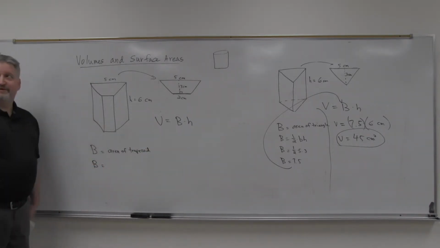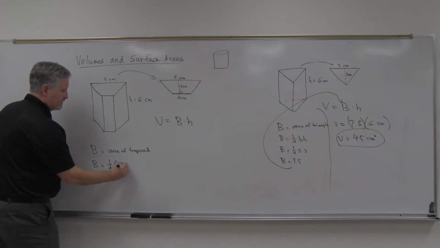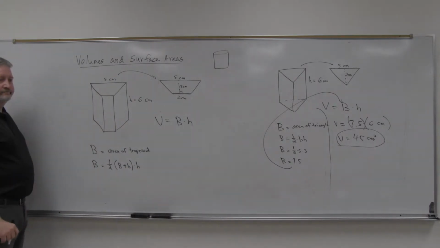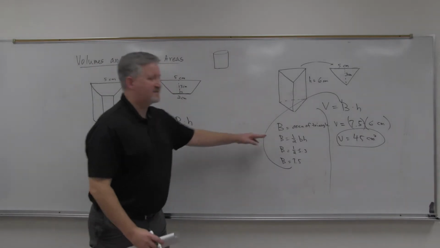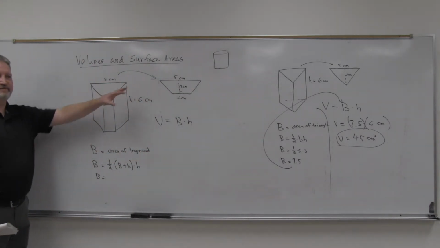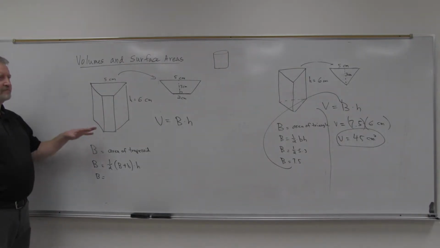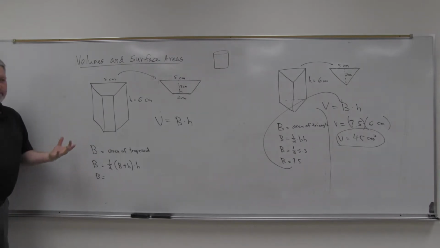The area of a trapezoid, one of the ones you should know, is 1/2 big B plus little b times h. So you see this big B formula is different depending on the shape of your top or bottom, right? It could be a trapezoid, it could be a square, it could be a triangle, really it could be anything.